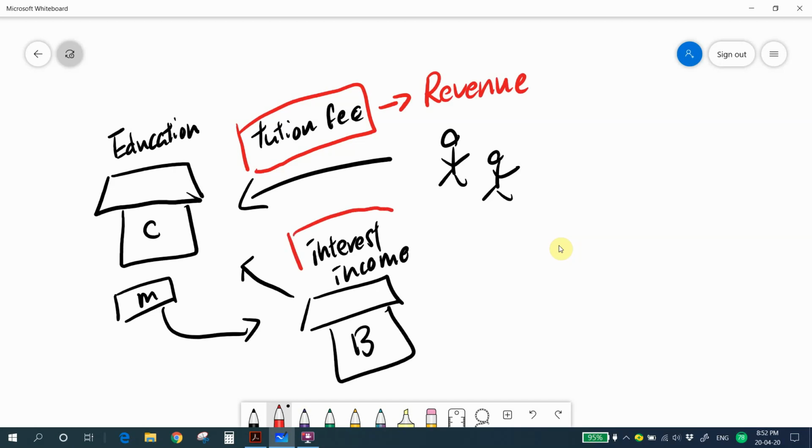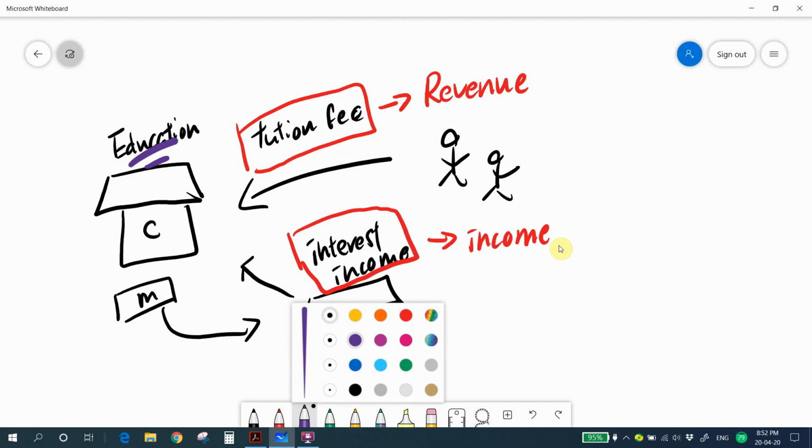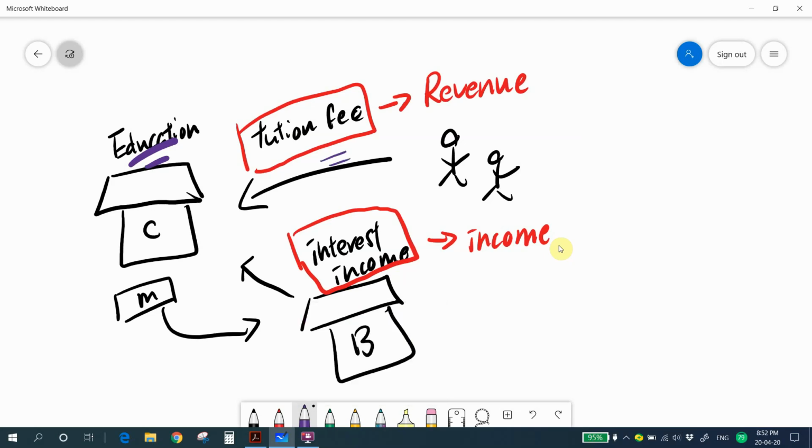And the interest that the college receives from the bank is considered as income. Why? Because the principal business activity for college is education. So the cash received from the normal business activity will be classified as revenue, because of ordinary business activity.